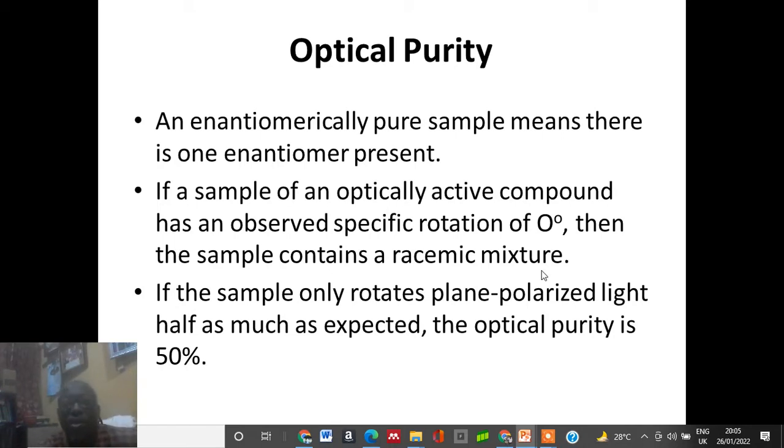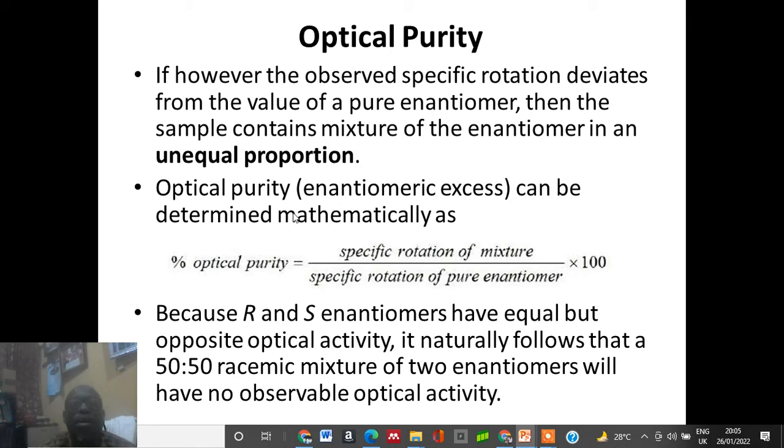If the sample only rotates the plane of polarized light half as much as expected, then the optical purity is 50%. That means the mixture is 50% pure. If, however, the observed specific rotation deviates from the value of a pure enantiomer, then the sample contains a mixture of the enantiomers in an unequal proportion.